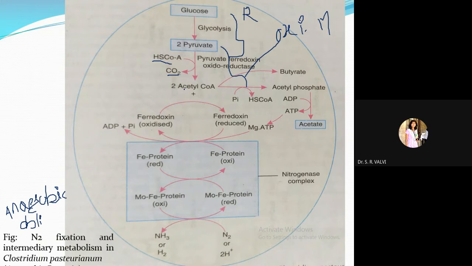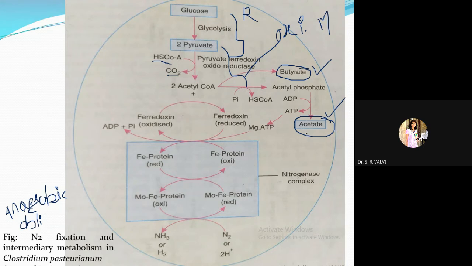So these 2 pyruvate are converted into 2 acetyl CoA, and further these 2 acetyl CoA are converted into butyric acid and acetic acid. See, acetyl CoA further forms these two products, butyric acid and acetic acid.